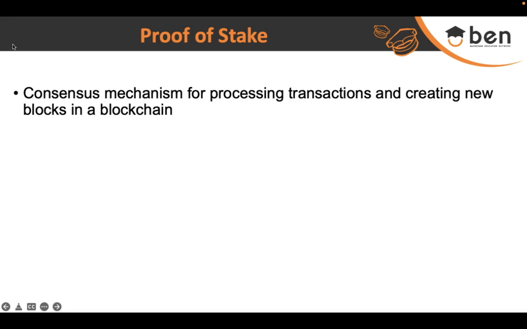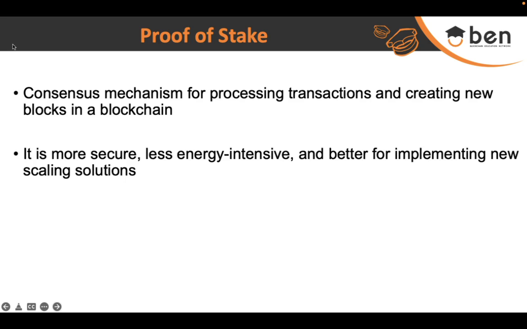Ethereum was first using the proof of work protocol, but as we've discussed, proof of work is very energy intensive, versus proof of stake, which is more secure, less energy intensive, and better for implementing new scaling solutions, since a lot of computation is used in proof of work. Seeing all that, Ethereum decided to move to proof of stake. Recently this change has been made, and now the Ethereum blockchain is working on the proof of stake protocol.